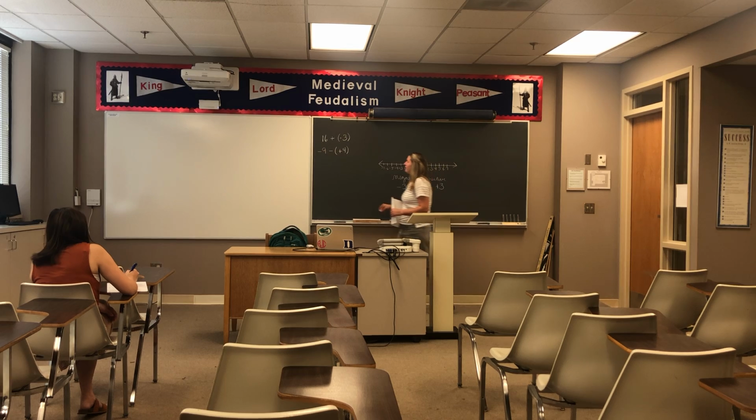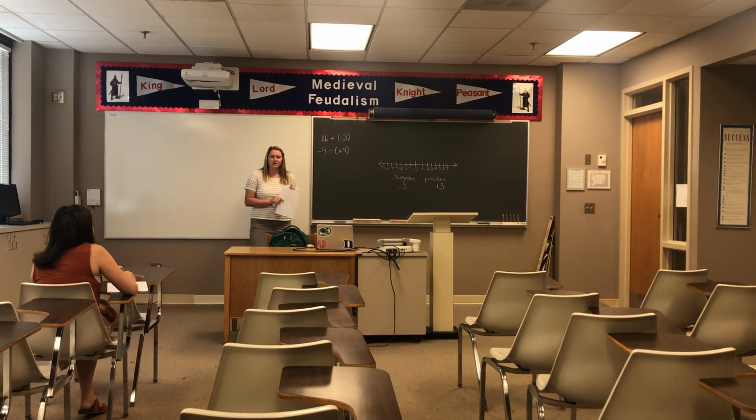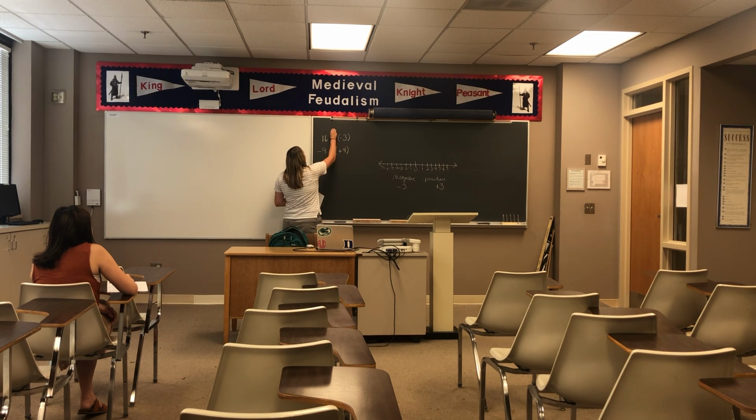So let's look over here, and we're going to look at this and see if we can tell the difference. So I would read this one as 16 plus a negative 3. Well, how did I know that? I know that this is our operator. So I'm just going to put an O above that because that means operation, this plus sign does.